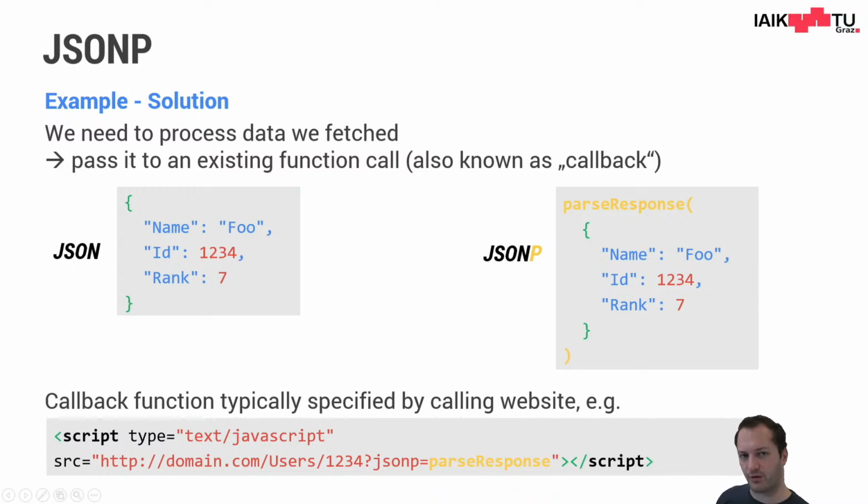Now, is this secure? Of course not, because a script tag allows you to load anything you want, and you have no idea what the server actually replies here. So if you make use of that API, you think, oh, okay, the browser blocked my cross-origin request, and now I have to bypass it, and you decide to use this mechanism.